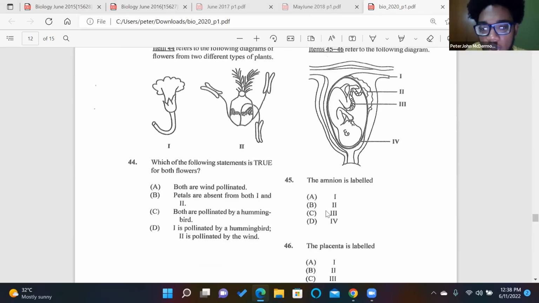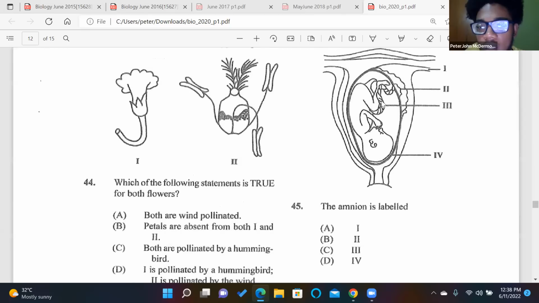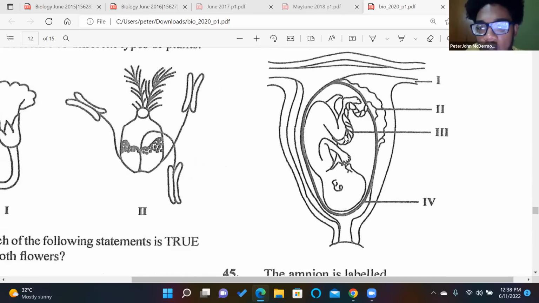All right, let's move quickly. Amnion is labeled what? IV. 4. I agree. What is this? I should know. What's 3? The umbilical cord.